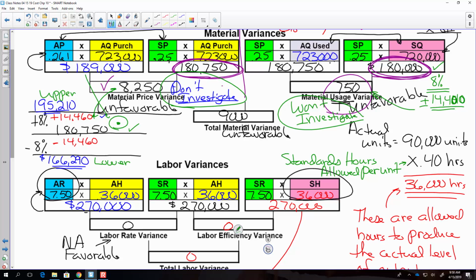It's somewhere in that range, so you don't investigate. Wow. Any thoughts? It's a little messy, but hopefully that makes sense of those couple pages in the middle of chapter 10 there.